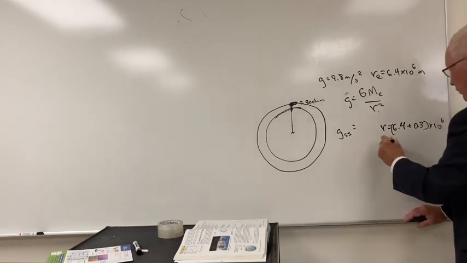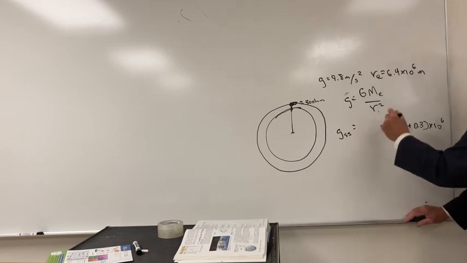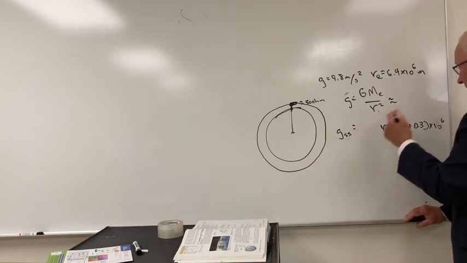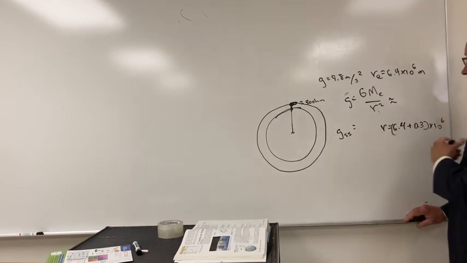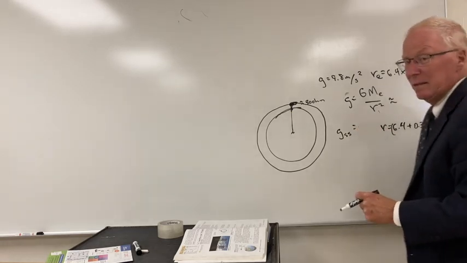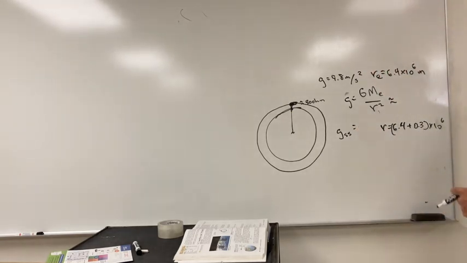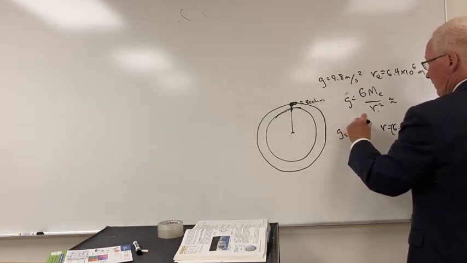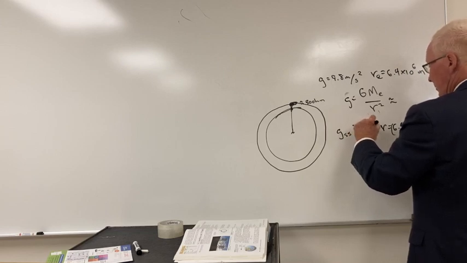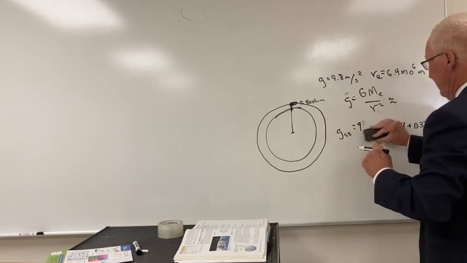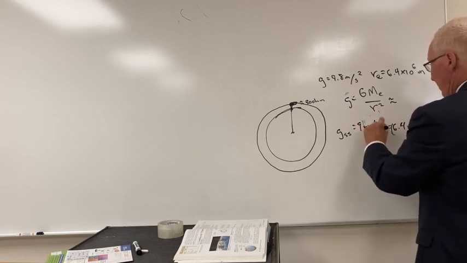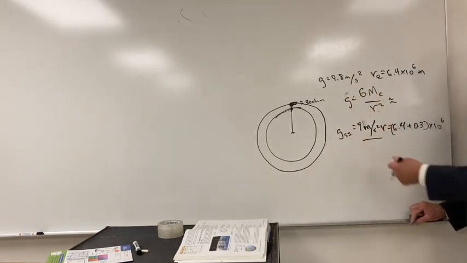And the ratio of this, if we square it, is 0.95. g on the space station is roughly 9 meters per second squared. So it's barely any distance less, barely smaller at all.